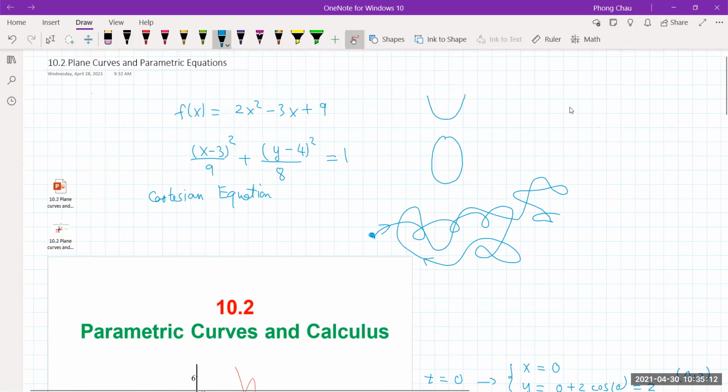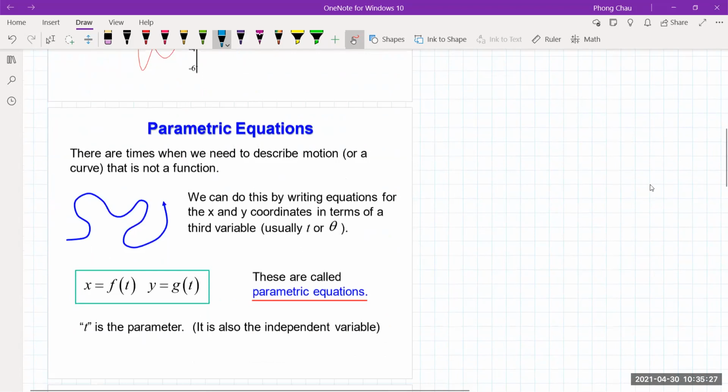You have a table with x and y, x is the independent variable, you plug in, and you get the corresponding y. In parametric equation form, it's a bit different because now you need three columns. We have three variables, right?